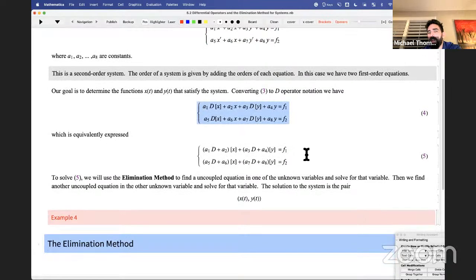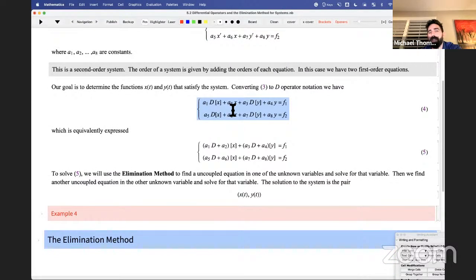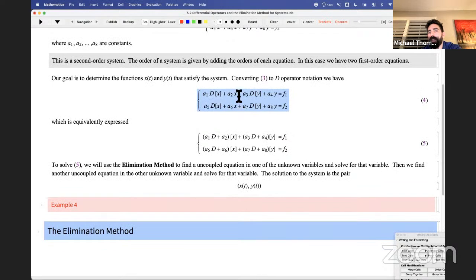All right, so now that we've got this expressed in big D notation, let's apply it to the x's over here. Both of these contain an x, so we'll pull it out to the side. So we've got a1D plus a2. Is that okay?